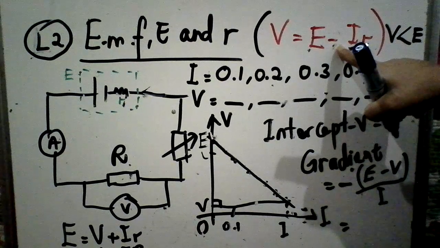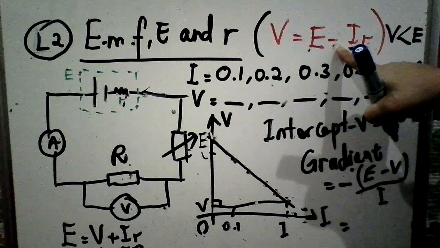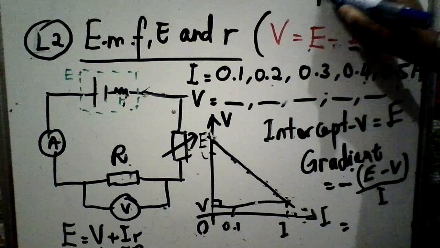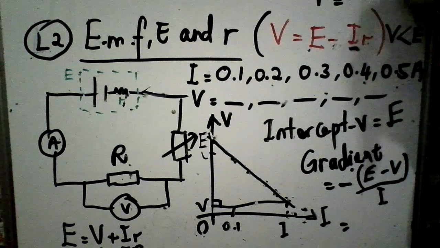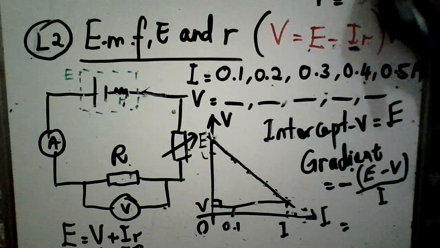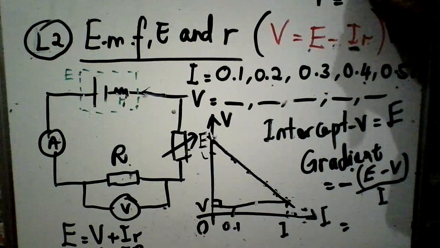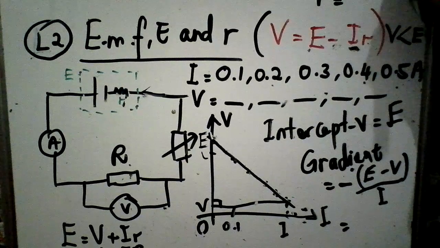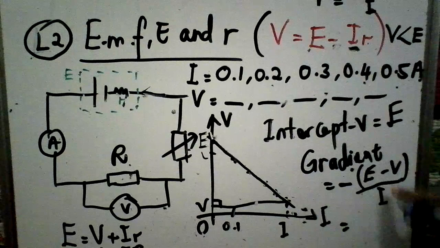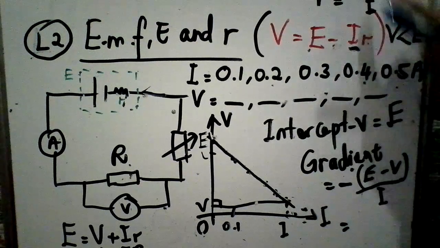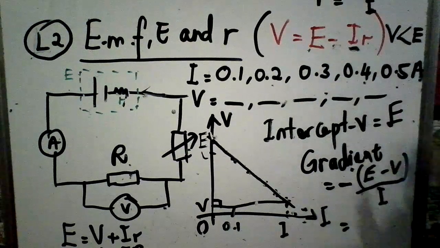If you rearrange the formula, you will get r equivalent to E minus V divided by I. So there is a relationship between the gradient and the internal resistance.